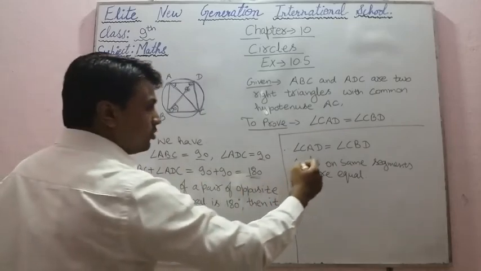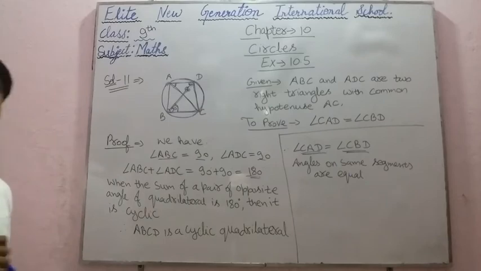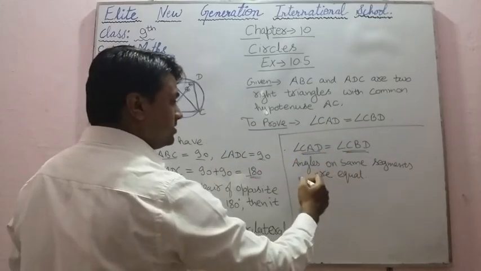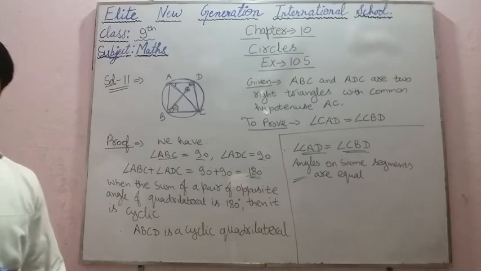Therefore we can say angles on the same segment are equal. So angle CAD equals angle CBD. In this way we can say that angle CAD equals angle CBD because they are angles on the same segment. In the same way you can try the remaining questions of this exercise.